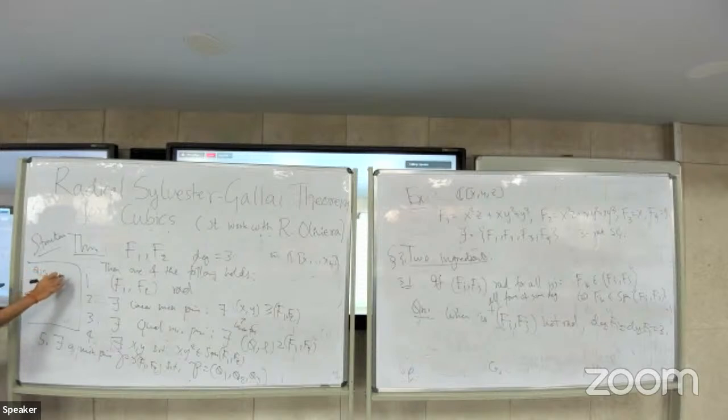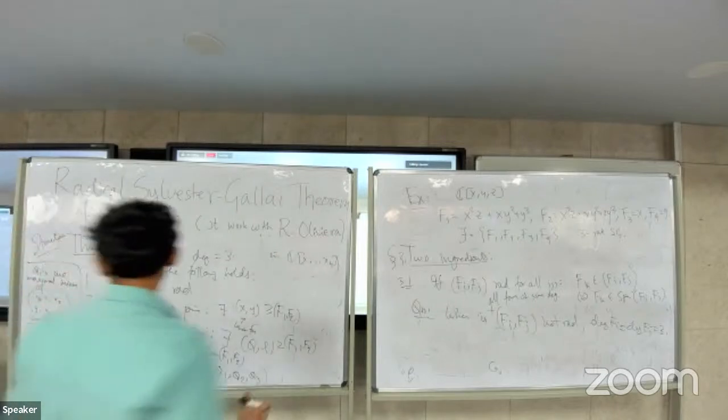The Qi's are maximal minors of nice matrices, okay, of something like this: y0, y1, y2, y1, y2, y3, and 2 more matrices. Okay, where the yi's are linear forms.